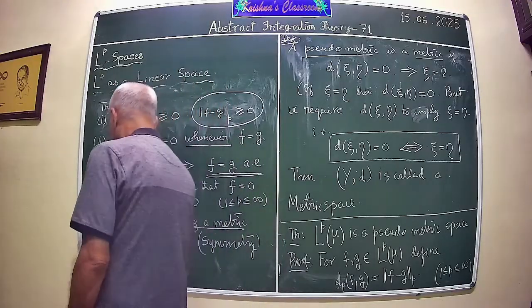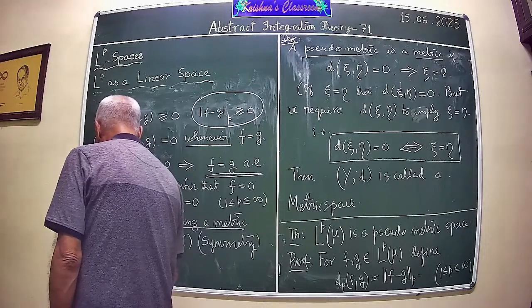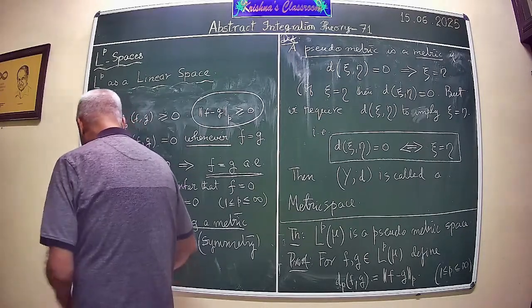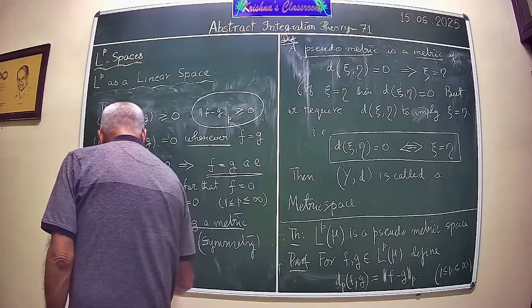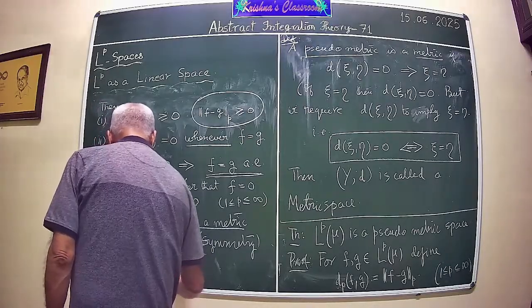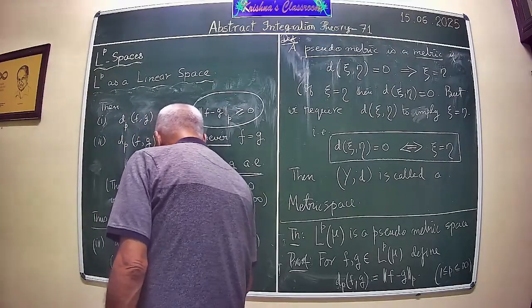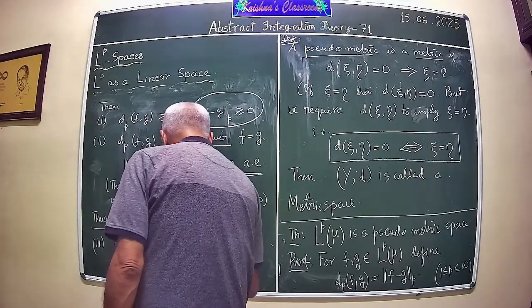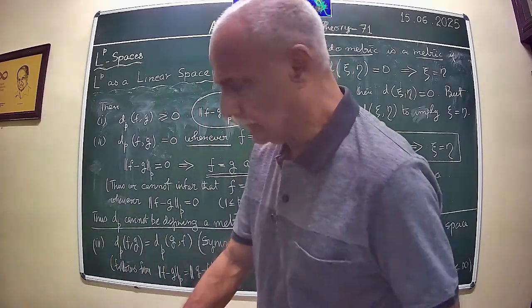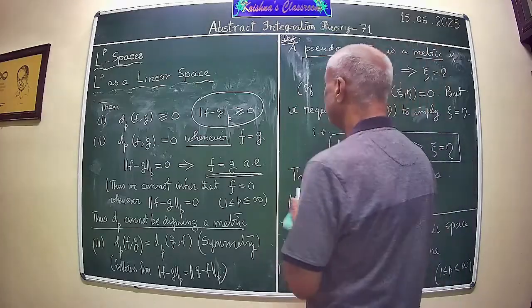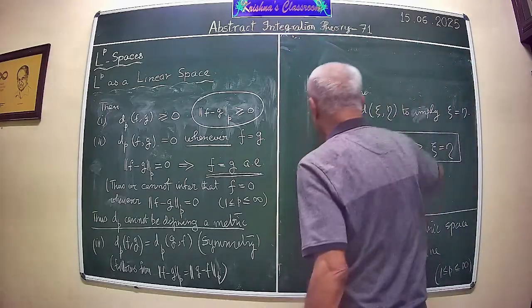It follows from the definition. And the final property that you have to verify to make it a pseudometric is the triangle inequality.